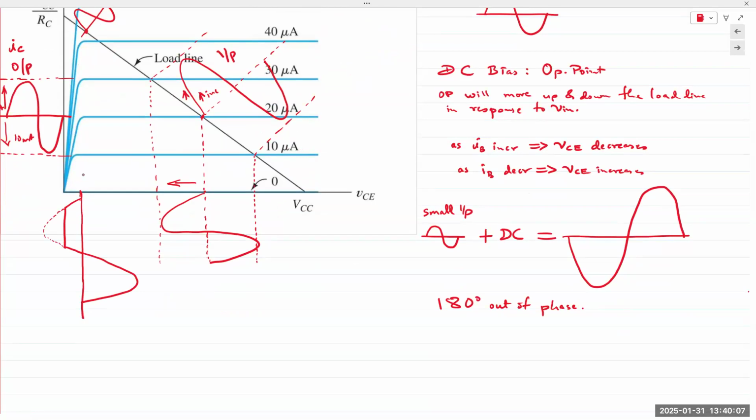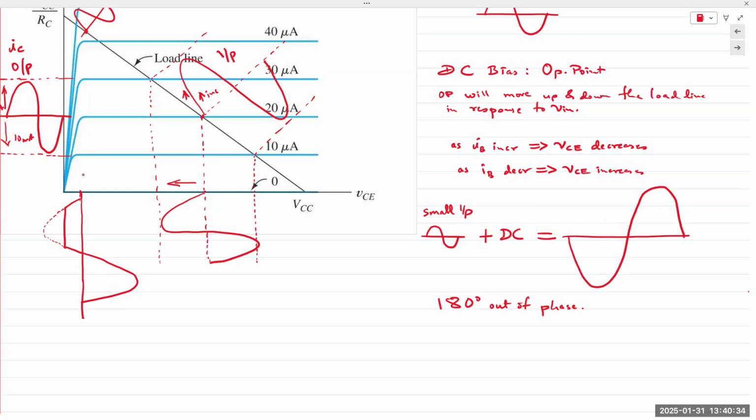Make sense? At least the illustration makes sense. If it's one end of the graph, one positive or one negative cycle will get clipped off. The same thing happens if the circuit is designed poorly and the Q point is closer to cutoff.